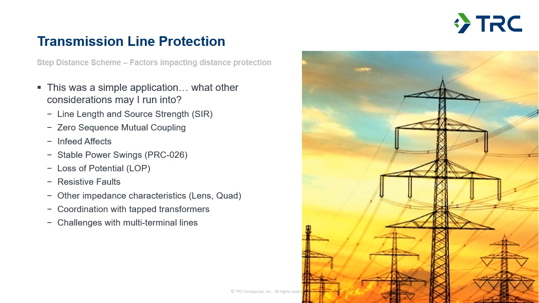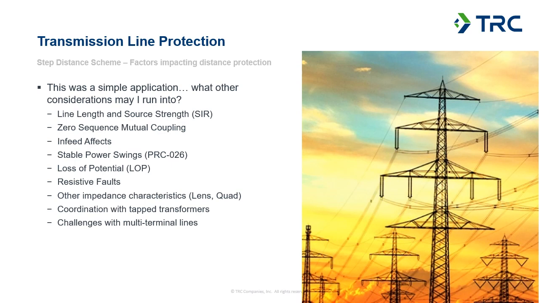There's also power swings. The power system is a very, very dynamic system. It's not as simple as what we model in a steady state type of modeling software like Aspen. There's a lot of things that can go on with control interactions and things like that on the power system that can cause strange and unexpected measurements within the protective relays.